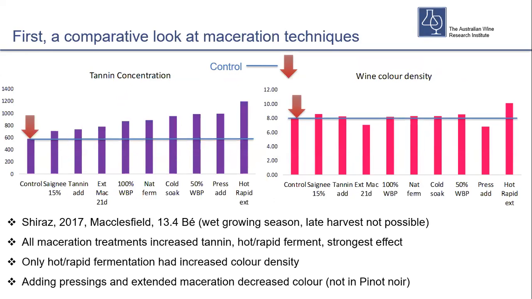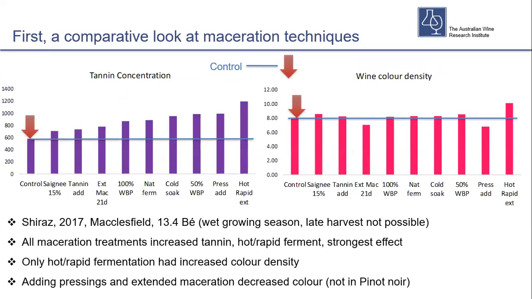So next, looking at Shiraz, which was the following vintage from Macclesfield at 13.4 Baumé. In this case, there was a wet growing season, so no later harvest was possible. The first treatment there is the control. You can see that all the maceration techniques in this instance increase tannin. And in this instance, only a hot rapid ferment, which would be at 35 degrees, actually increased color.